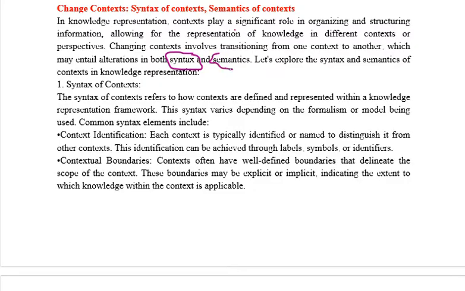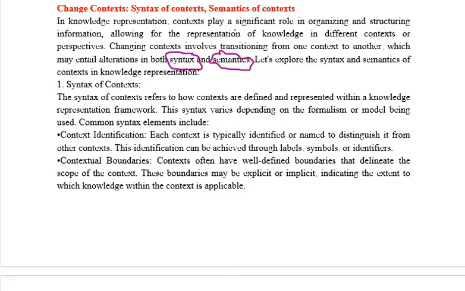To keep the information, we'll have some particular meaning, and that is known as semantics. So for one context, mainly these two categories are involved: syntax, and one more thing, semantics. These two things are very important. So why is context used? To represent the information, to represent the knowledge which we have.